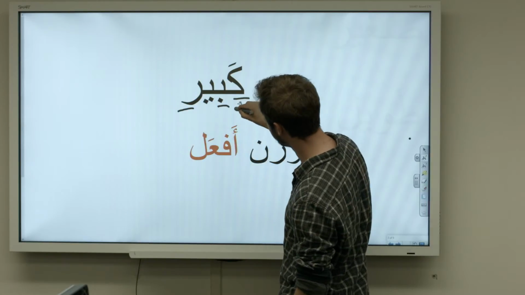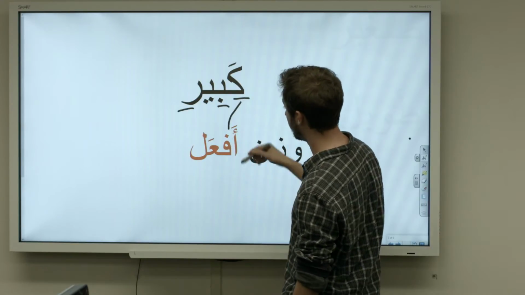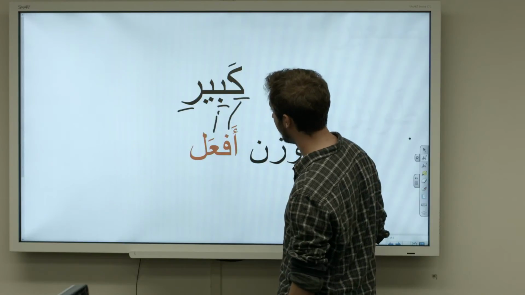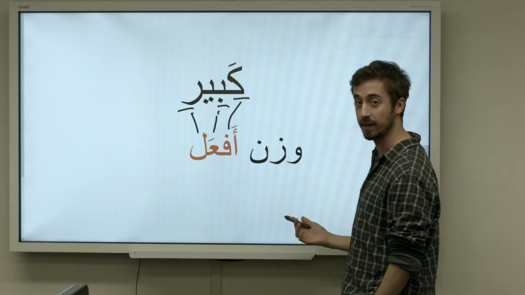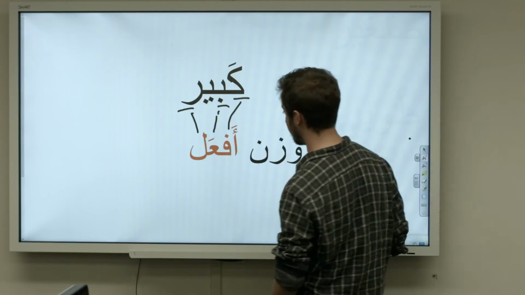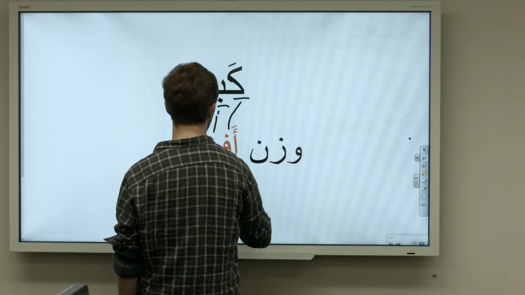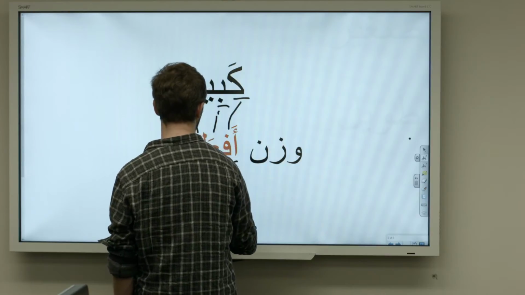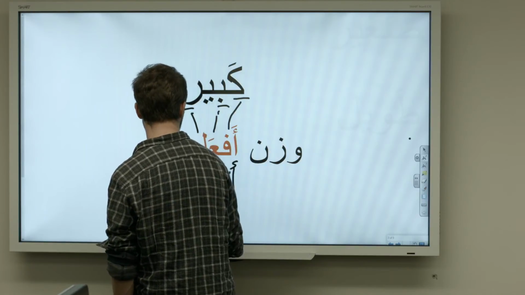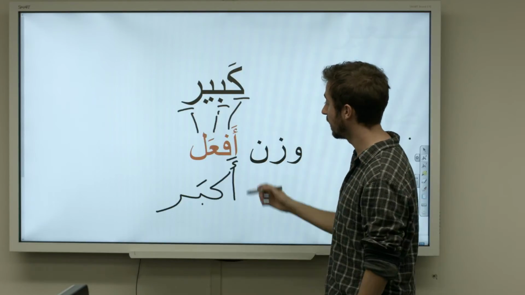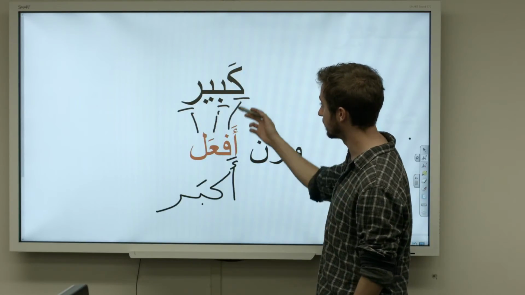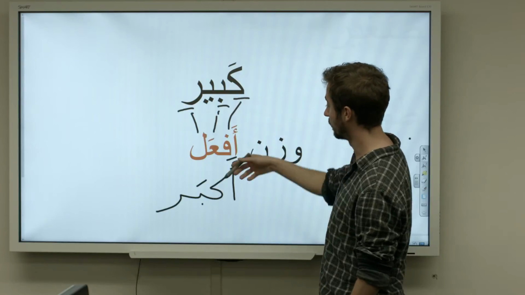So the kaf goes first, and the ba goes next, and the ra goes where the lam is. And then the alif, of course, stays there, so that makes akbar, right? Af'al. As you can see, it's the same root.